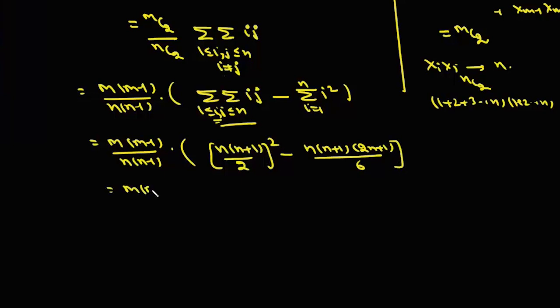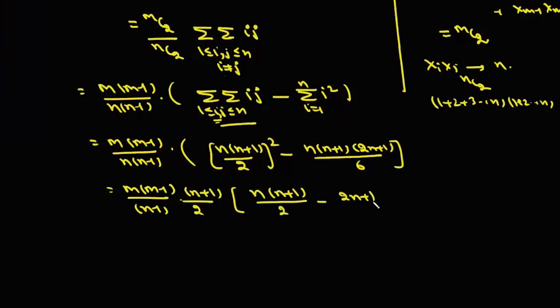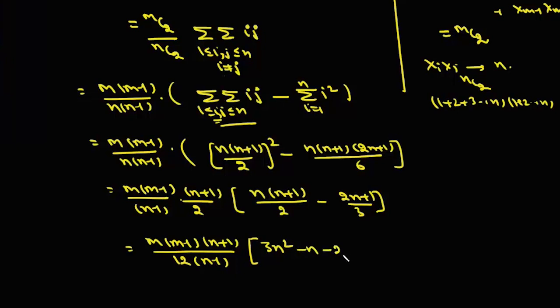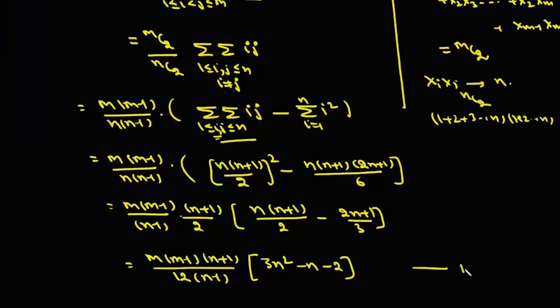So we can write n minus 1, n will cancel, it will be n minus 1, n plus 1, and we'll have n plus 1, we'll also have this 2 here, by 2 minus 2n plus 1 divided by 3, which we can also write as n minus 1, n plus 1 upon 12, n minus 1, and here it will be 3n square minus n minus 2, and that's our third result.